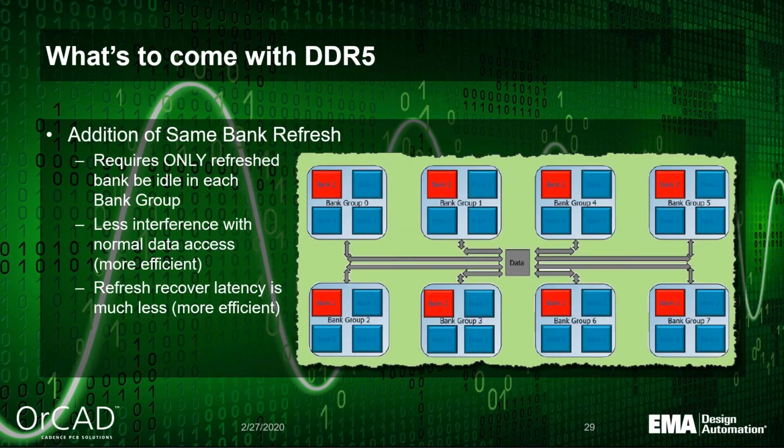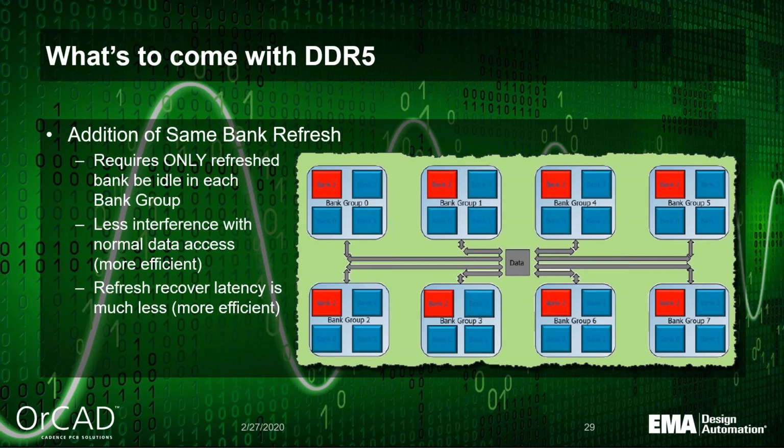Another thing they've added is the concept of a same bank refresh. In the past, you're usually refreshing the entire array or larger aspects of the array. With the same bank refresh, you get a much faster refresh time. The problem is that when you're going through refresh, any bank that's refreshing cannot have any data exchange happening.